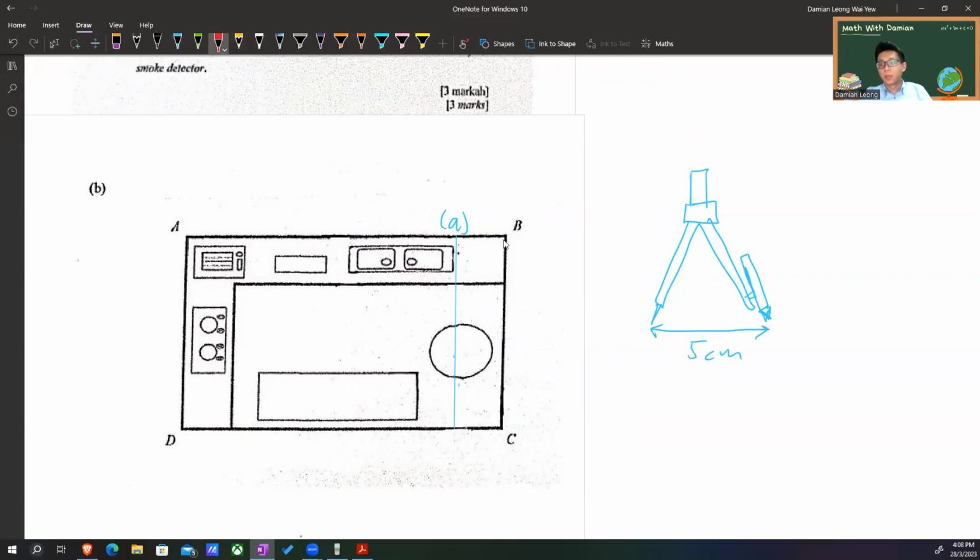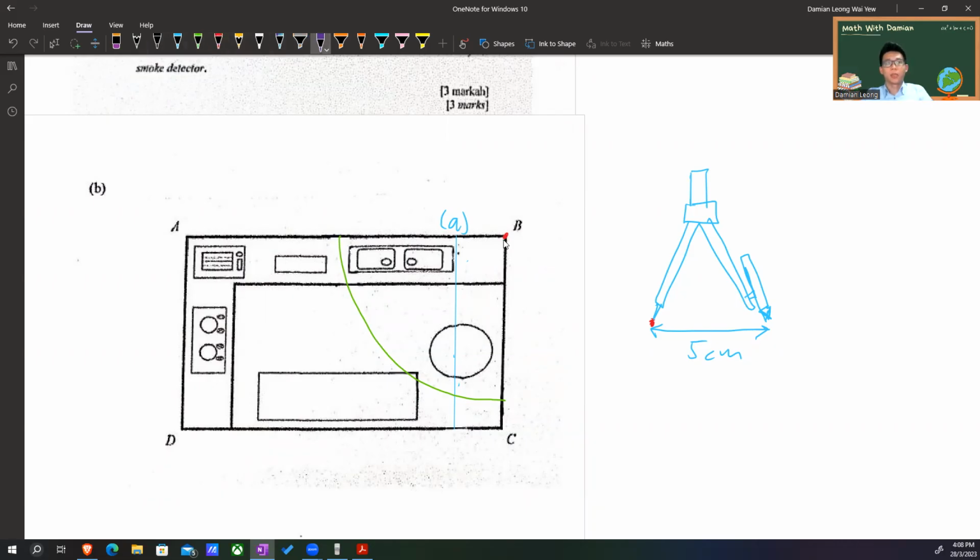Put the needle tip on B, make sure the width of compass stays the same. Then you draw from here a curve. It'll be like a quarter circle. Something like that. Okay, 5 meters from point B.